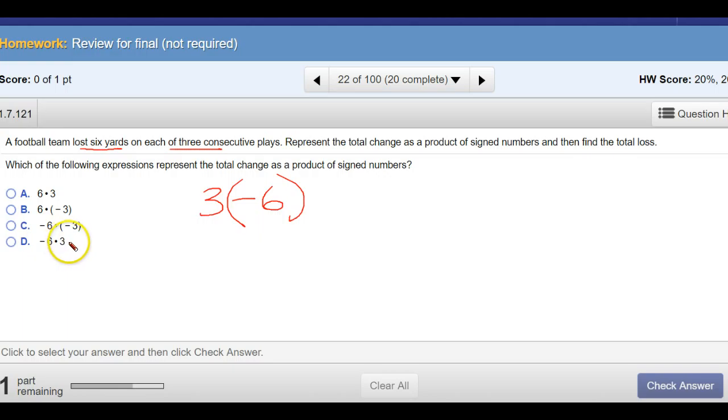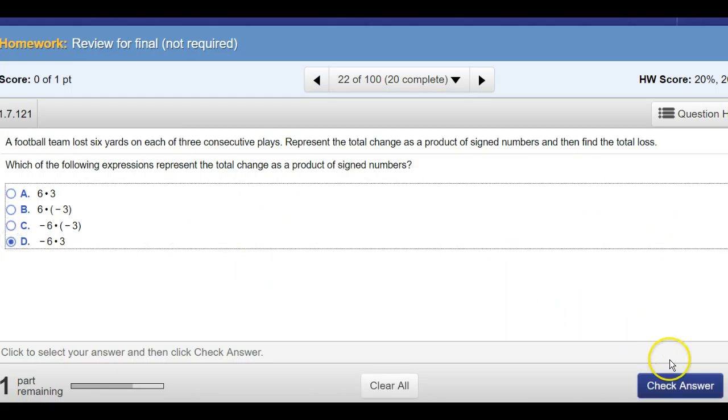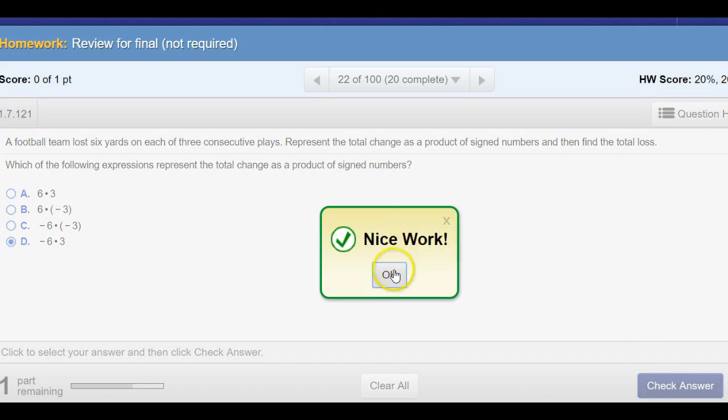The closest one to it is this one, and lost 6 yards. In a sense, that would be better than what I've done. And then 3. Okay, so I believe it's D. And we did that.